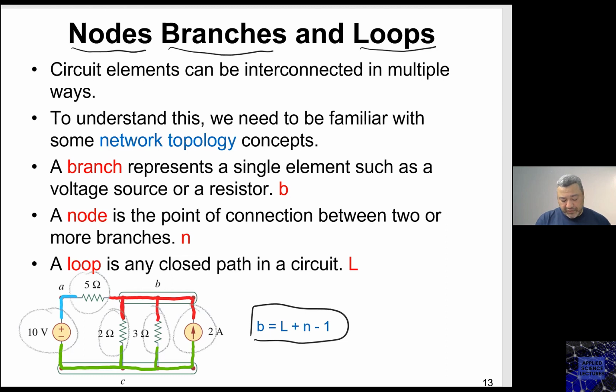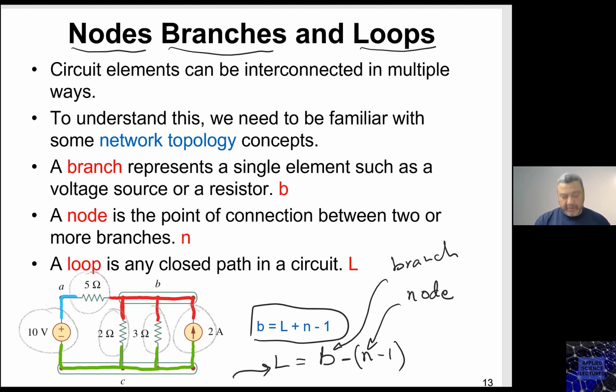So we always said, if you recall, that the number of the loops equals the number of the branches minus (n minus 1), where n is the node, b is the branch, and l is the loop. So those are the number of the independent loops that we need in our circuit in order to solve or do the analysis on that circuit.